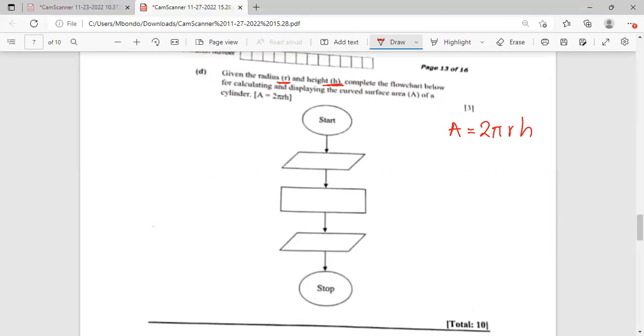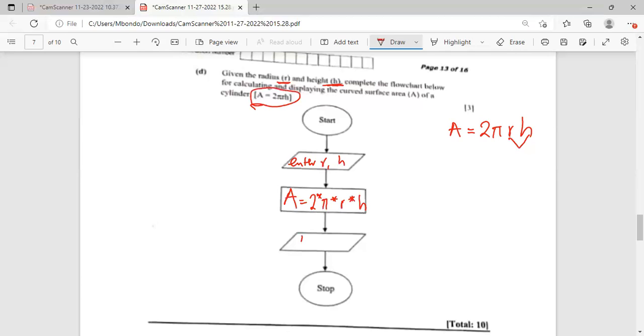All right. So start is already there. What are we going to enter? We are going to enter R and H. And here we only have one box. We'll say enter R, H. Then at the point of the formula, you write the whole thing as it is given here as a hint: 2 multiplication pi multiplication R multiplication H. That's how we show it on the computer, isn't it?